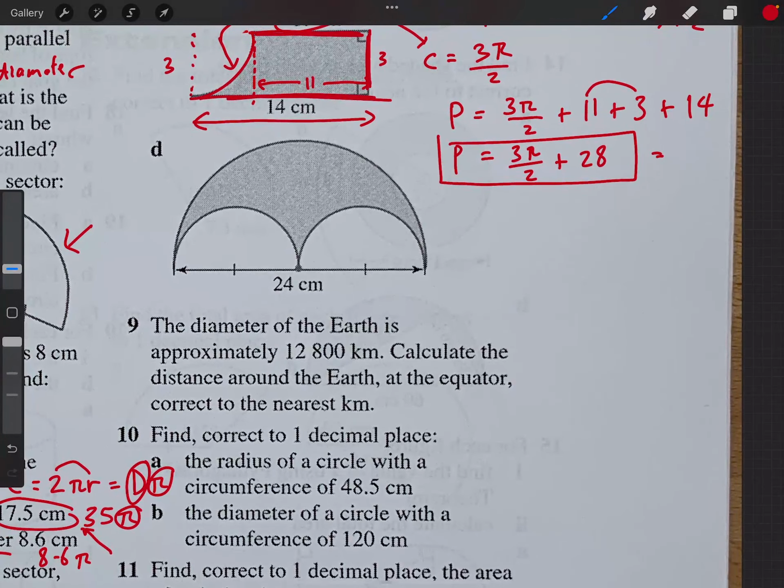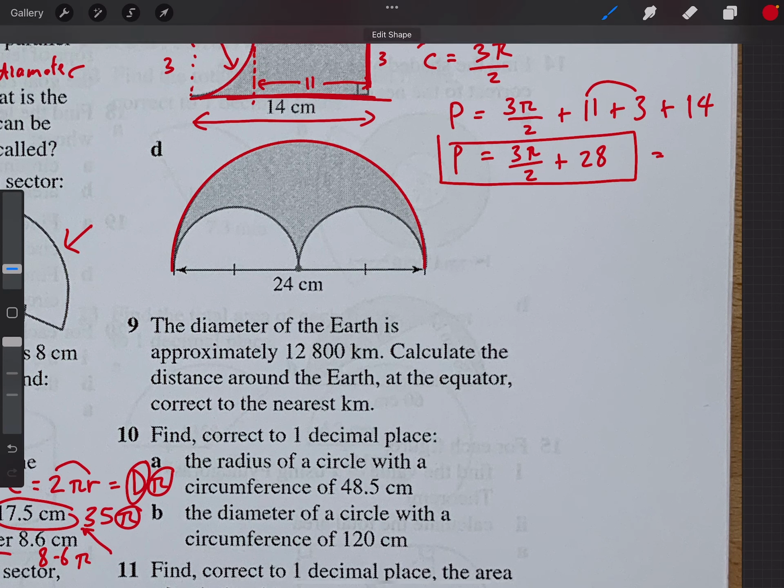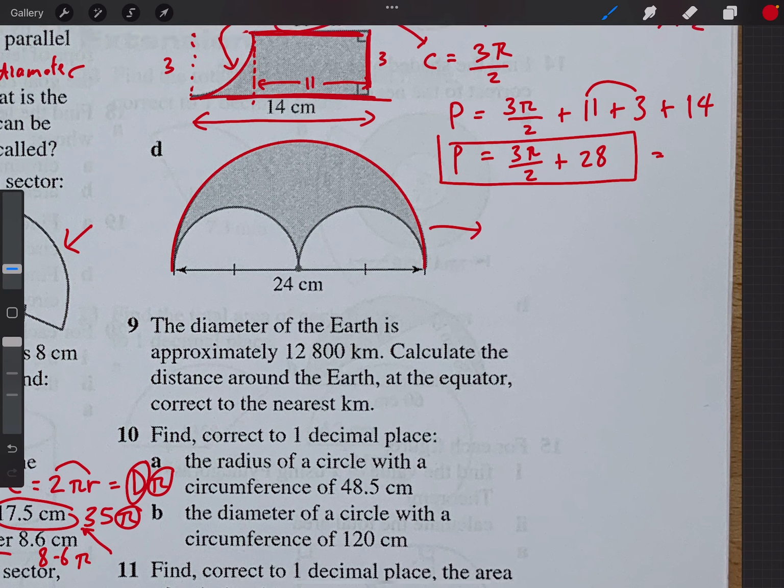Alright, what we're going to do is find the circumference of this semicircle. Now let me just draw it a bit better. There we go. We have the diameter, which is 24.